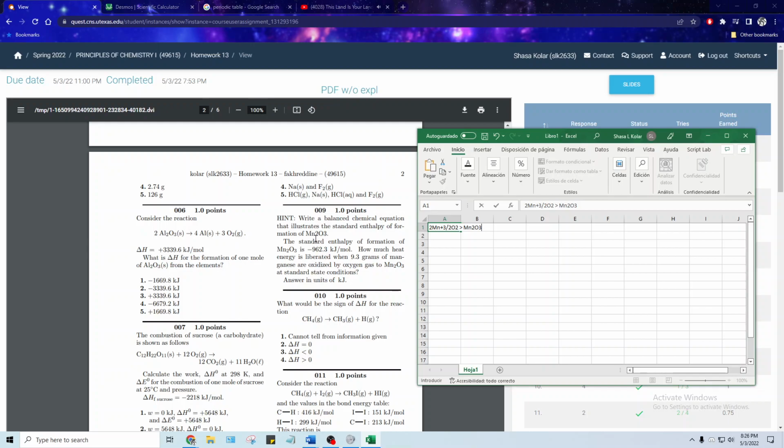So what did we do in this problem? Righto. What this is saying is that when we form this, the enthalpy is negative 962.3 kilojoules per mole. How much heat is liberated? This is burning, because when you oxygenate something and it forms a compound with it, that's essentially combustion.